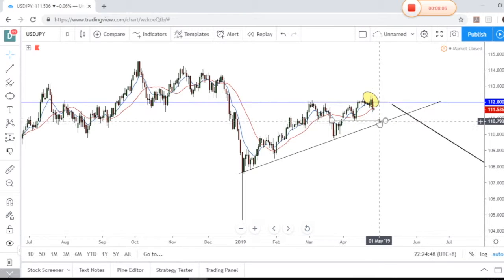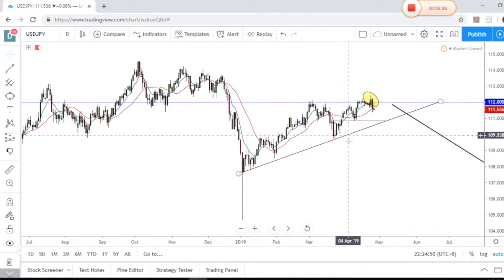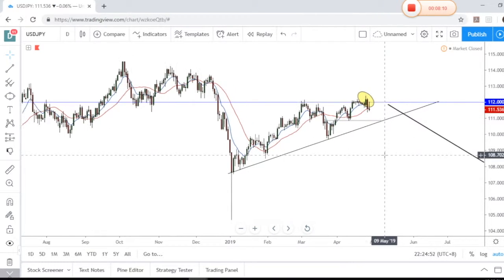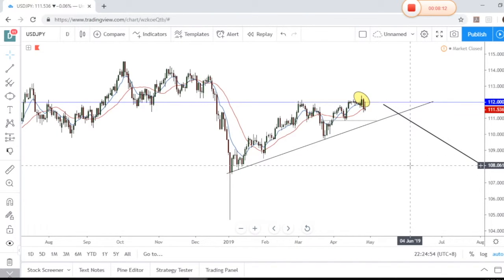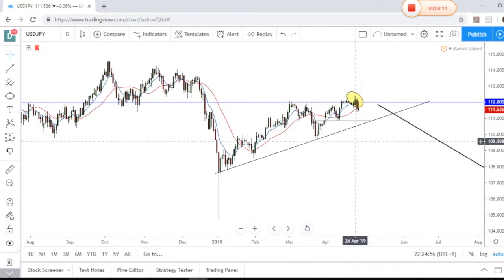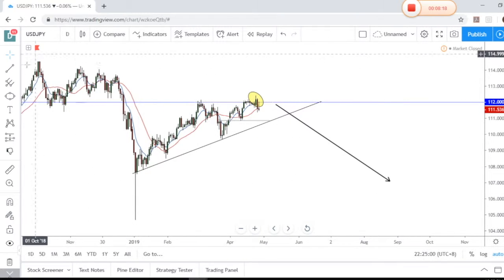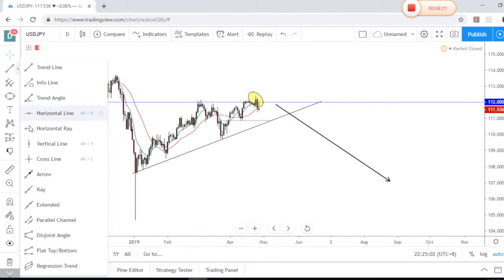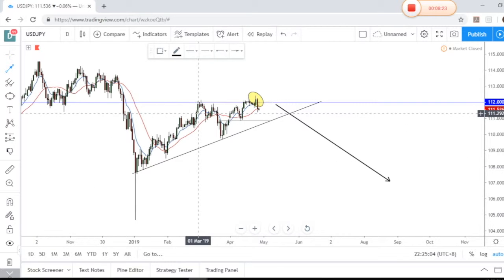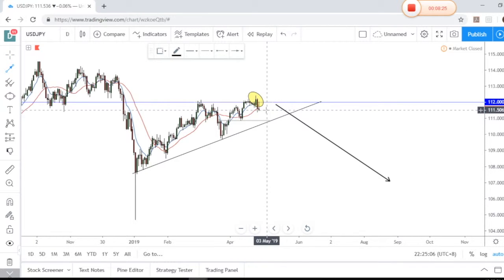So this is one of the zones we need to be aware of, where the price might hit next. What I'm really expecting for this dollar yen, for the moment, is that most likely the pair is gonna come down back to this trend line right here.